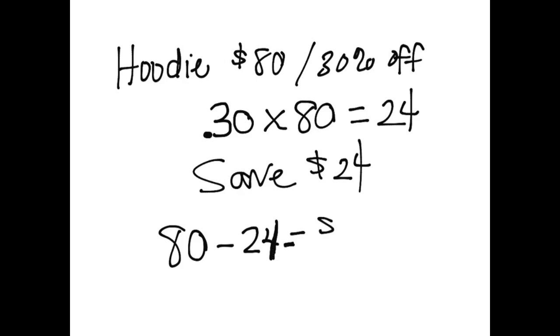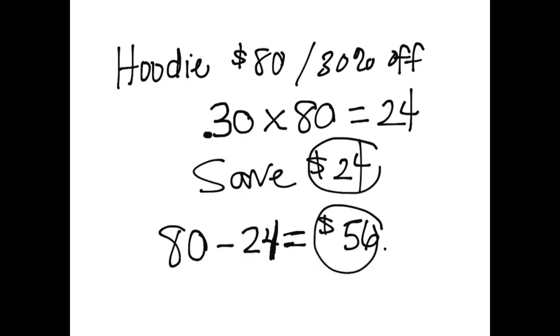It's going to be $56, and then you'll add your dollar sign. So $56 represents how much the sale price is, but $24 is how much you saved. That was your 30% off the $80.